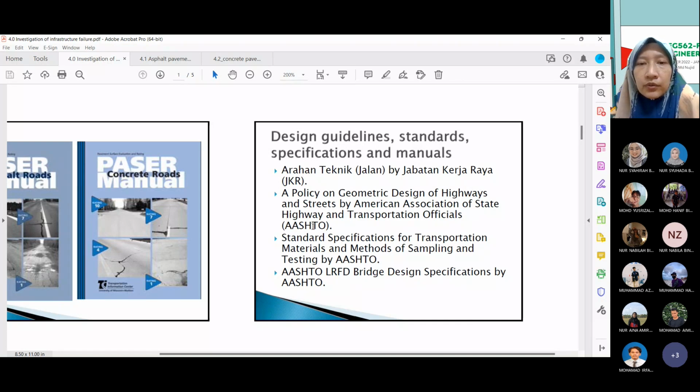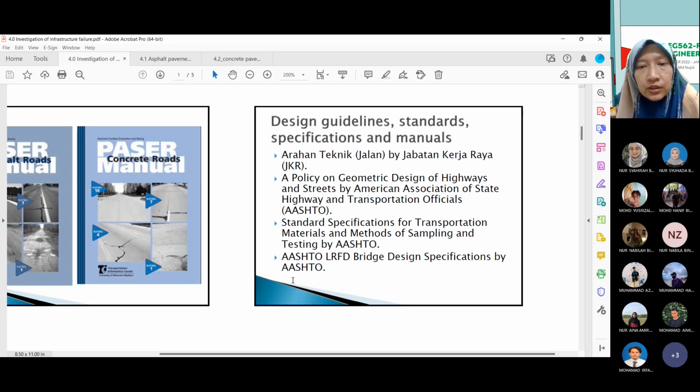For example, if you are conducting soil testing in a geotechnical lab, we are referring to the BS standard. And similarly, for anything relevant to the method of sampling, we can refer to AASHTO or BS, or if you are designing for bridge purposes, it will differ by using AASHTO LRFD.